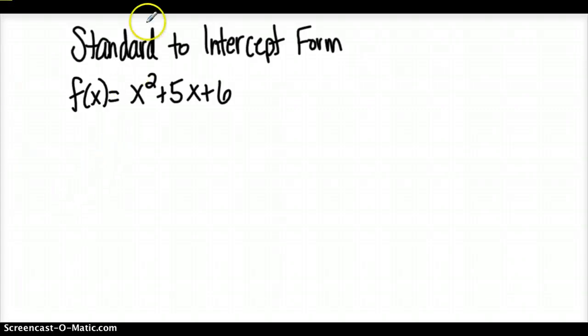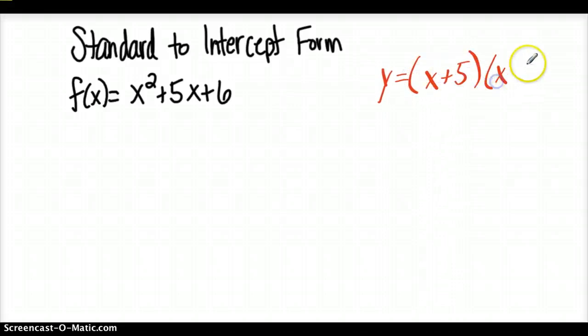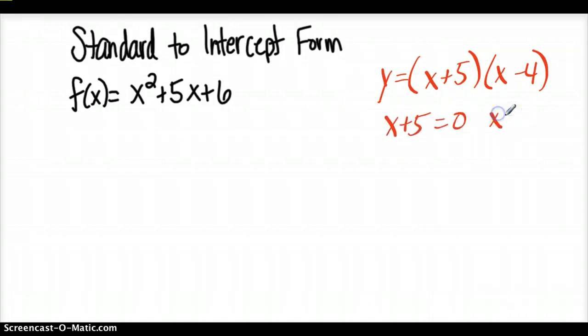All right. So the first one is going to be standard to intercept form. I don't know if that's the first section on the worksheet, but that's definitely a section. So remember, intercept form was what I showed you yesterday when we graphed. If I gave you something like this as a function, I would set each piece equal to 0 and solve.